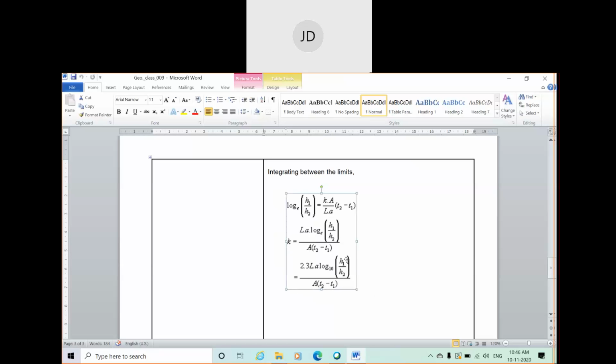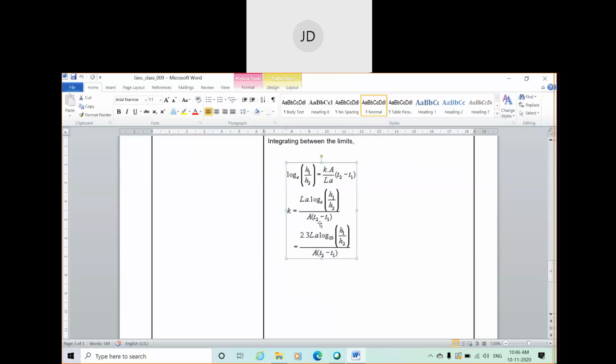H1 is any head at time T1. H2 will be a different head at a different time T2. Likewise, getting the values of H1 and H2 at different time intervals T1 and T2, you can find out the value of K, that is coefficient of permeability for fine grained soil.